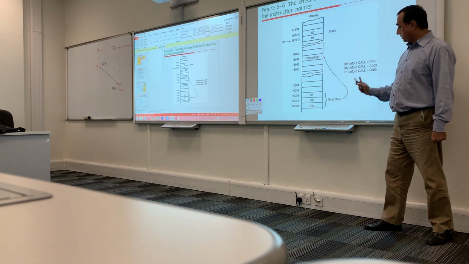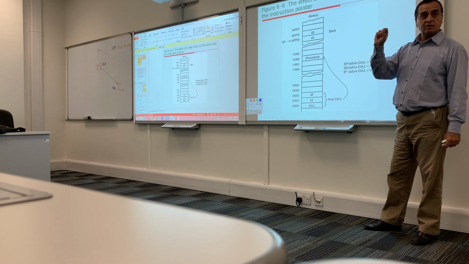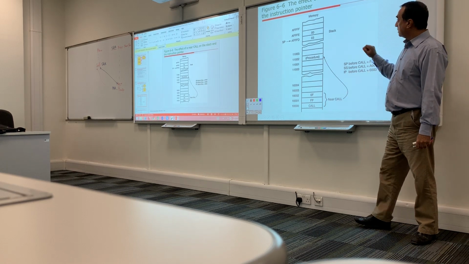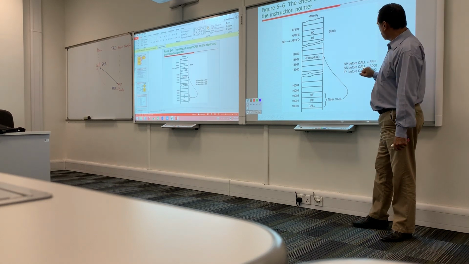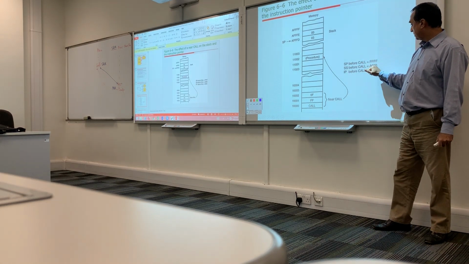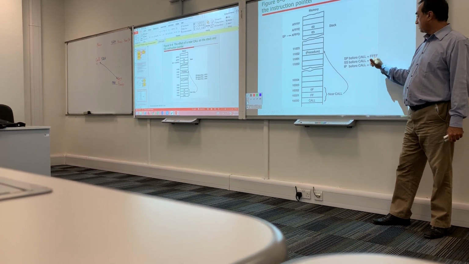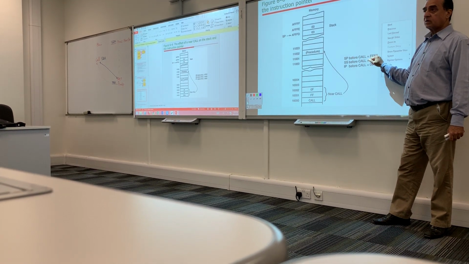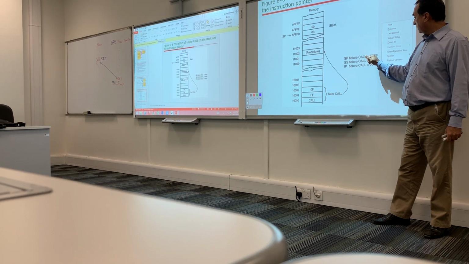So the first thing is, when it is a near call, push IP. Take this IP, store it on the stack. What is the stack before call? SS is 8000 and SP is 4FF. Calculate the physical address: shift by 0 and add 4FF.